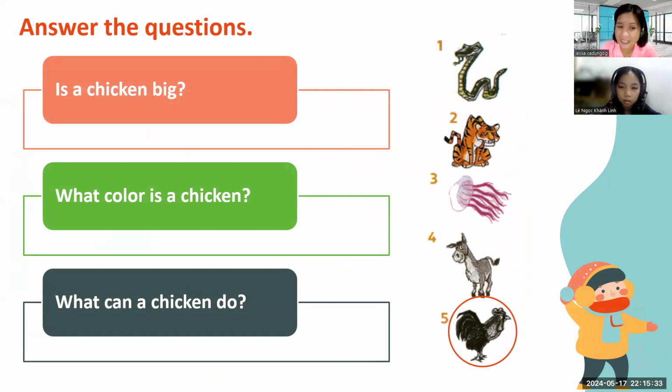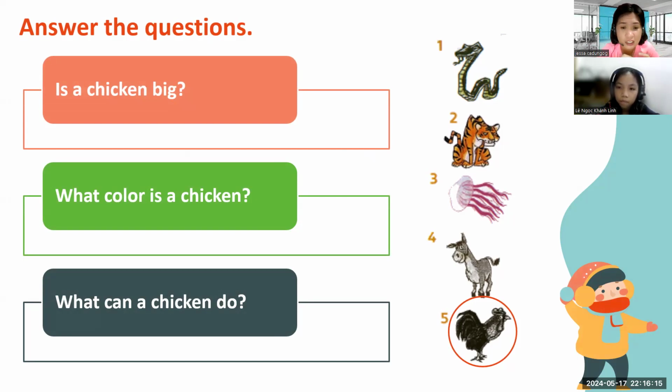It's black. And what can a chicken do? Chicken can? What can a chicken do? Can the chicken swim?